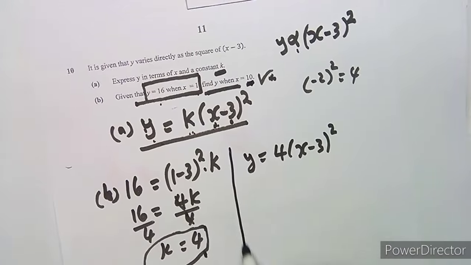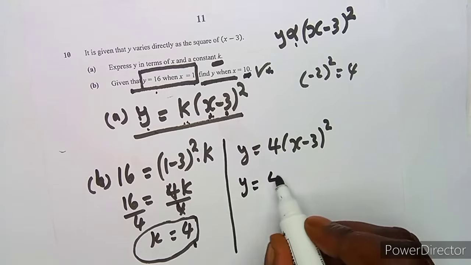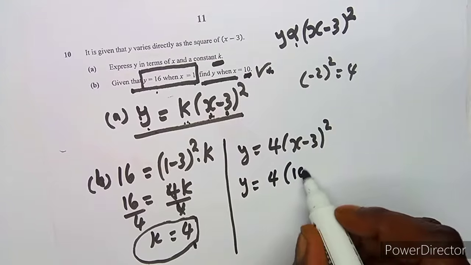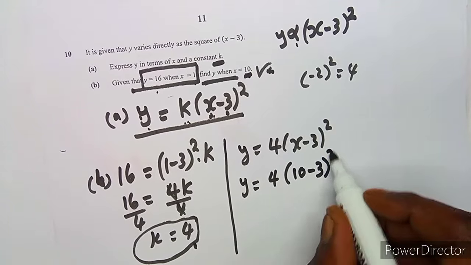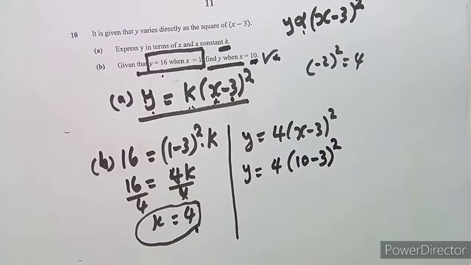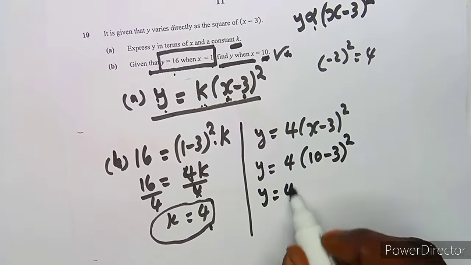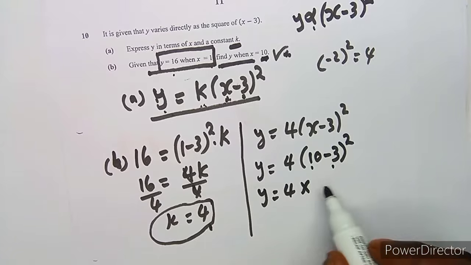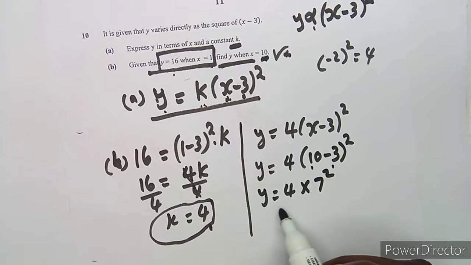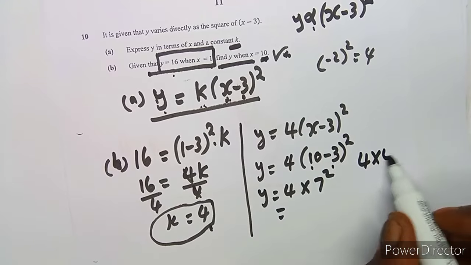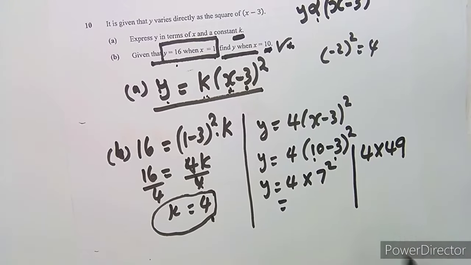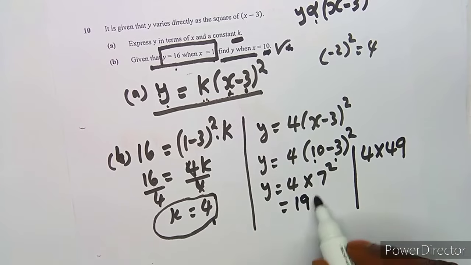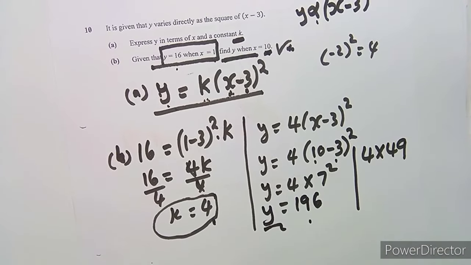So I substitute in place of x: 10 minus 3 to the exponent of 2. So y is equal to 4 by 10 minus 3, which is 7, and 7 squared is 49. So you're left with 4 times 49. Guys, perform your multiplication properly. You're going to obtain 196. So that's what you have in this case, number 10.